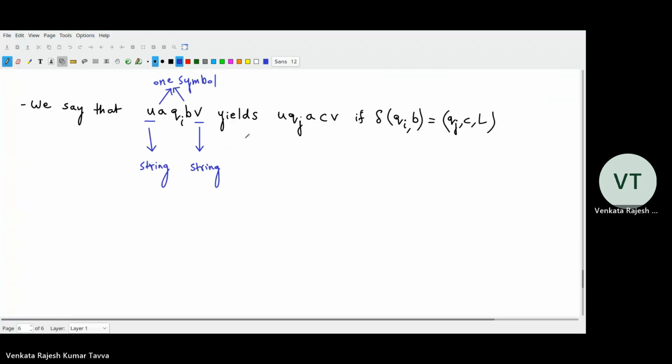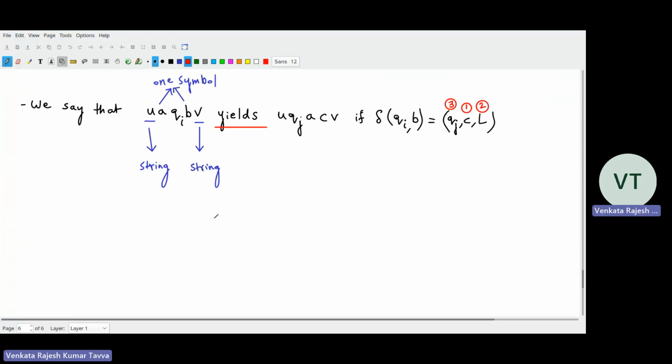All right, and here yields is the keyword. Yields is like derives. In grammar, one string derives another string. Similarly, one configuration yields another configuration. In this, first the replacement happens, B is replaced with C, then it moves left, then QI is updated to QJ.